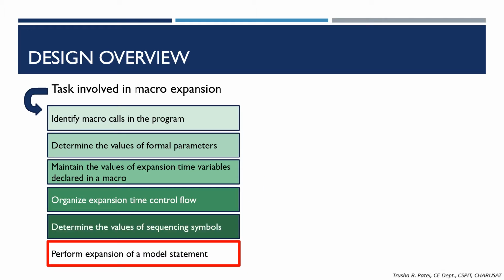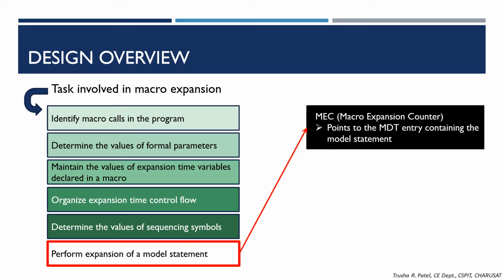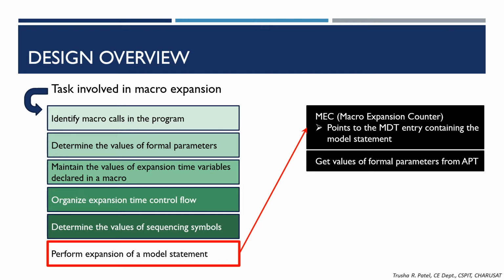The last is perform the expansion of the model statement. For that, we have to maintain one counter, that is MEC, macro expansion counter, which will point to the MDT, that is macro definition table entry containing all the model statements, and the counter consecutively increments or decrements to fetch the new instruction from the MDT.